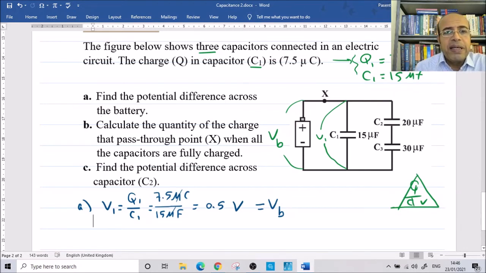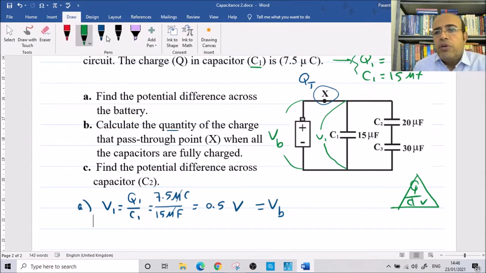Part B: calculate the quantity of charge passed through X. The charge passed through X is the charge that comes from the battery, which is Q total. To get total charge, we need to calculate the total capacitance, or equivalent capacitance.